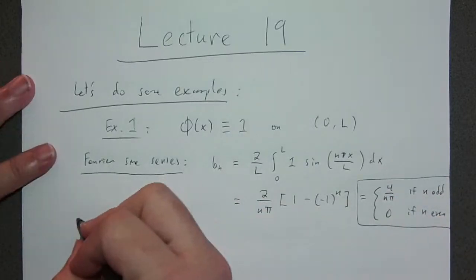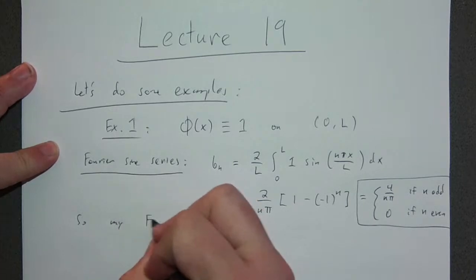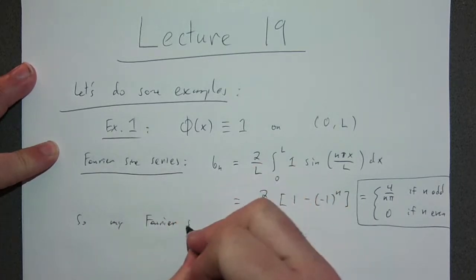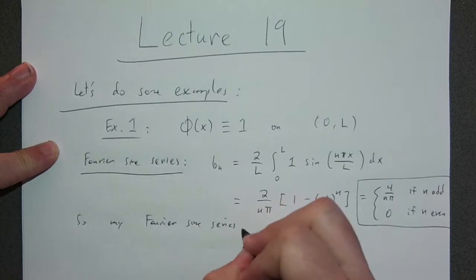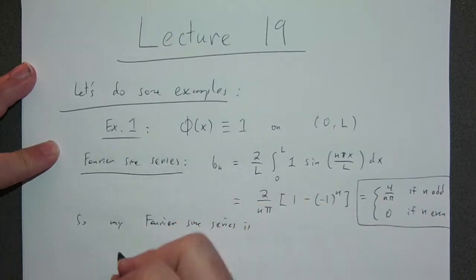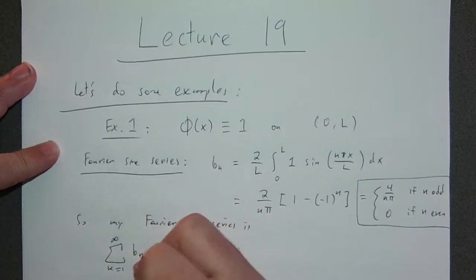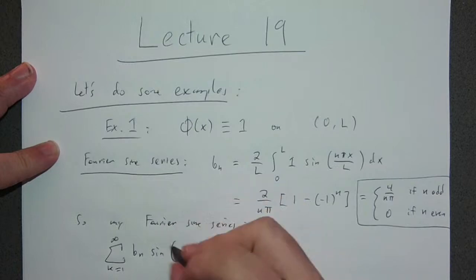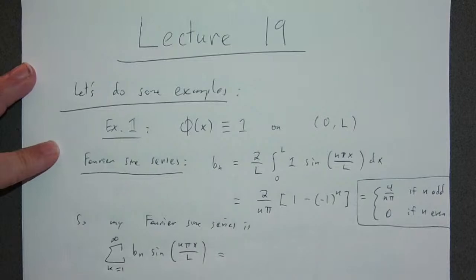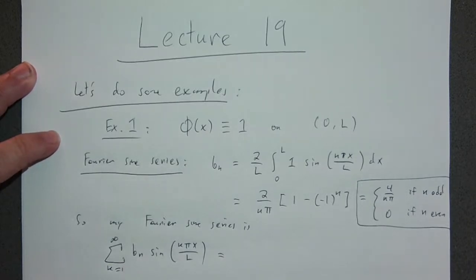And so my Fourier sine series is, if I write this out, the sum from n equals 1 to infinity of b sub n sine of n pi x over L. But we've just found that these b sub n's are 4 over n pi if n is odd and 0 if n is even, so all of the even terms are 0 in this sum, and so this is really an odd sum.